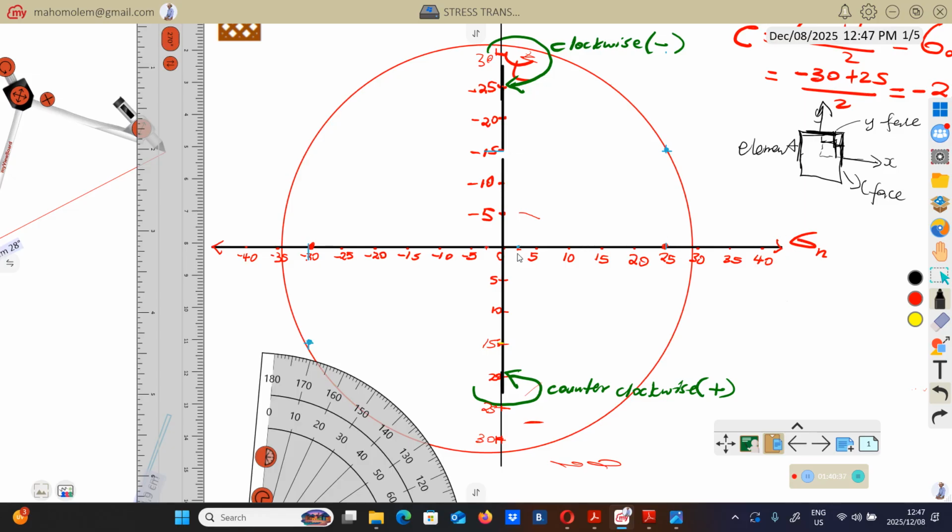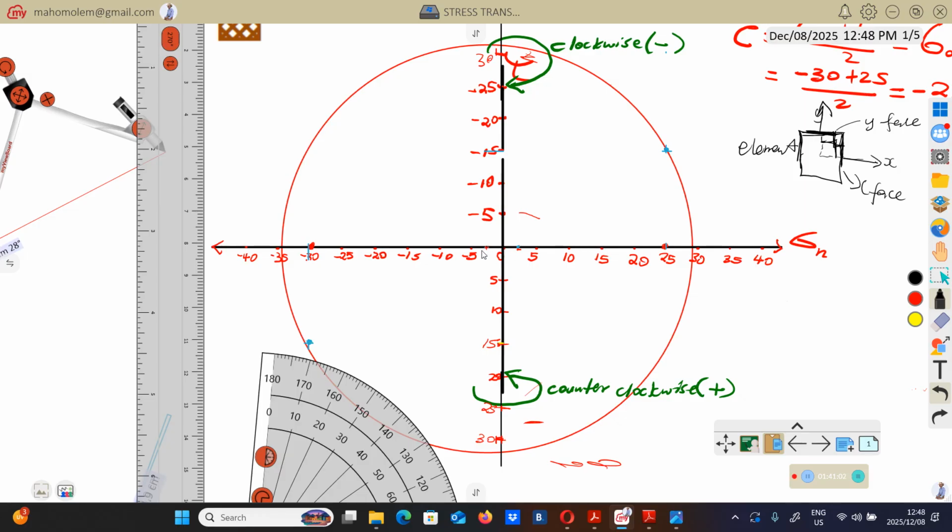Now, let's check here. From the center to a normal stress of 25, from here to there. Remember, 25 is the normal stress on the Y face.